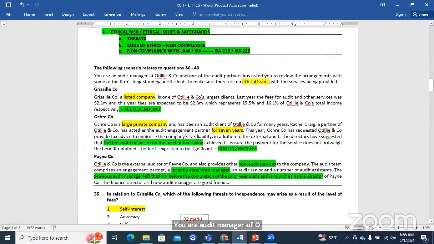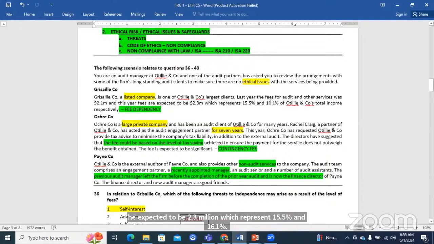One of the partners has asked you to review the arrangements with some of the firm's long-standing audit clients to make sure there are no ethical issues with the services being provided. G company is a listed company, one of O's largest clients. Last year, the fee for audit and other services was 2.1 million. This year, the fee is expected to be 2.3 million, which represents 15.5% and 16.1%.